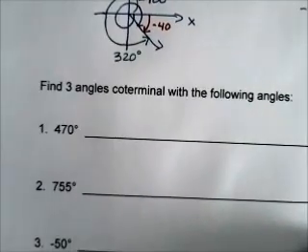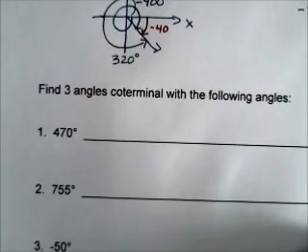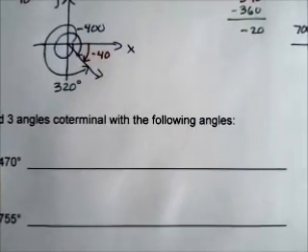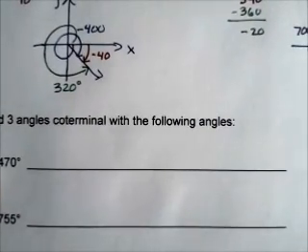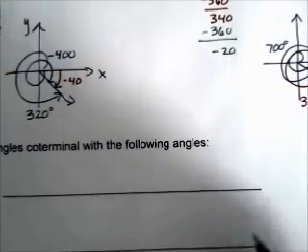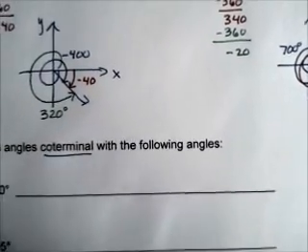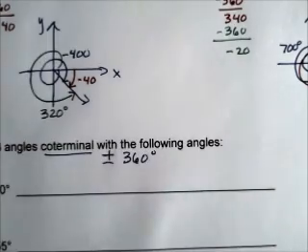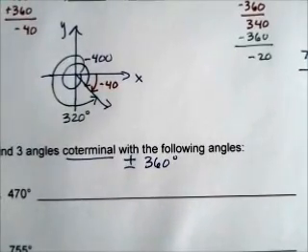All right, lastly, find 3 angles coterminal with the following angles. All right, 470. So to get a coterminal angle, again, you just plus or minus 360 from the original, or multiples of 360 also.